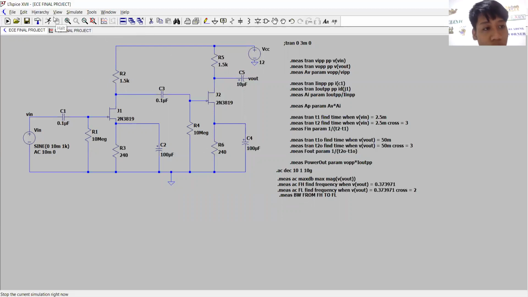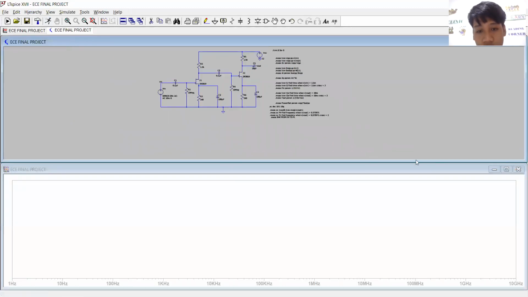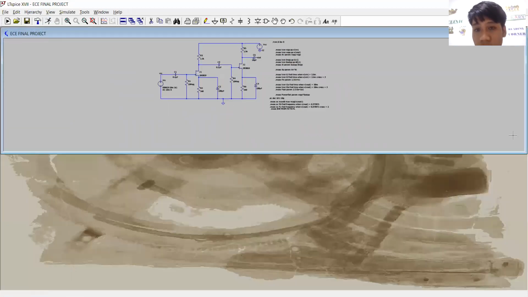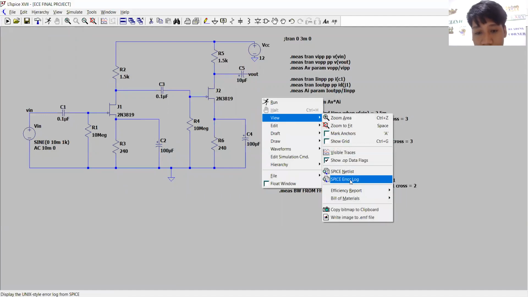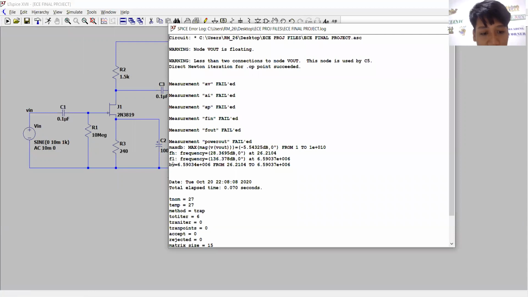And with that, we will run the program again and then view the spice error log. And with that, this is the bandwidth, which is 6.59 megahertz. And that's quite a lot.